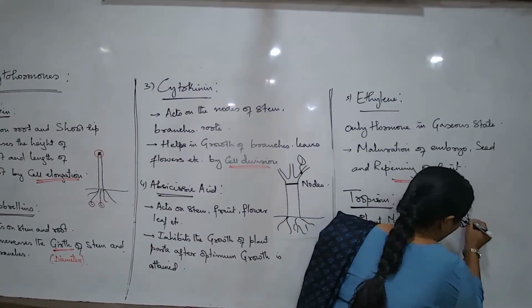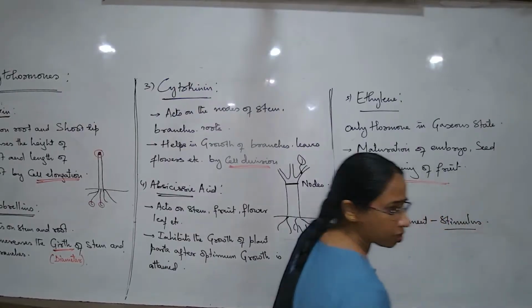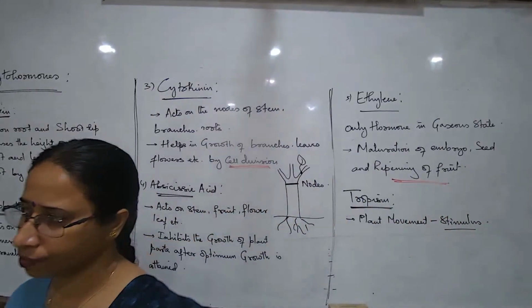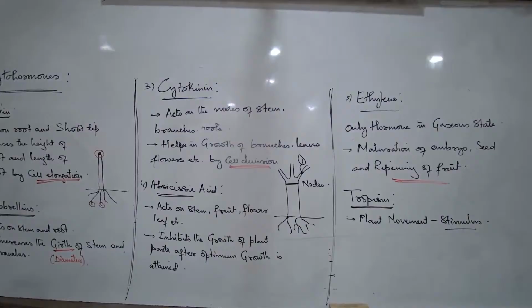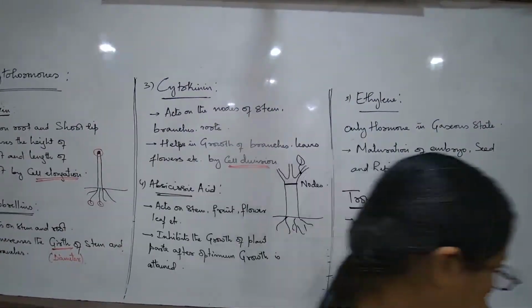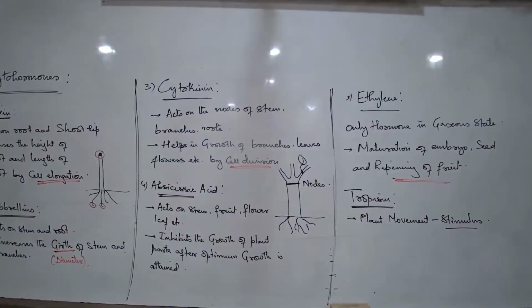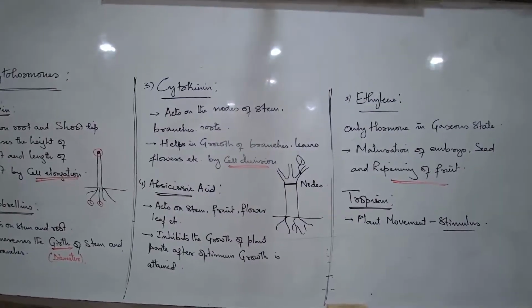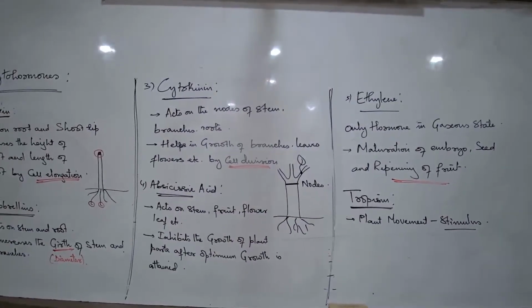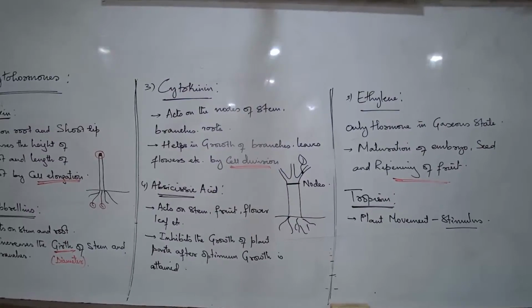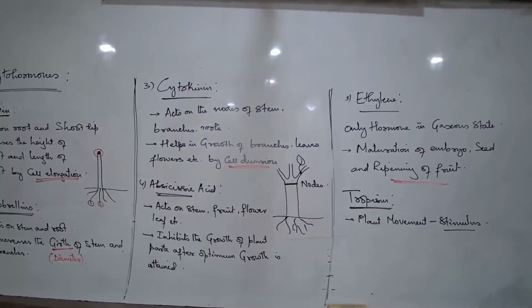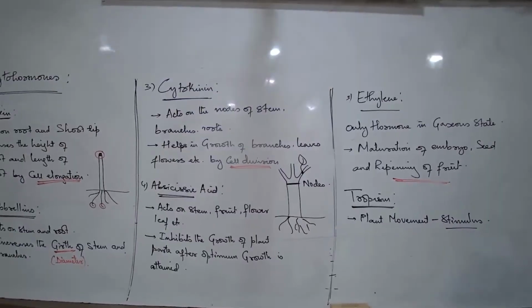What is the meaning of the word stimulus? Stimulus is any factor which can help us to show a response. When we learned stimulus for the neuron, what did we study?